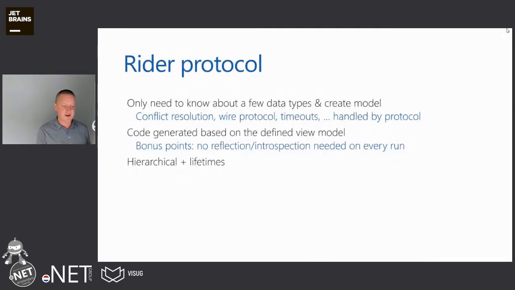The code that you generate based on the view model is generated in the language that you are using, which means that since it's generated, there's no reflection involved, there's no JSON ignore and whatever attributes. It's really just C# code or Kotlin code that you work with that handles everything and that you can use to communicate between both sides of the IDE. It's also hierarchical and introduces lifetimes. That's a very vague statement, and I'll go into that in a minute.